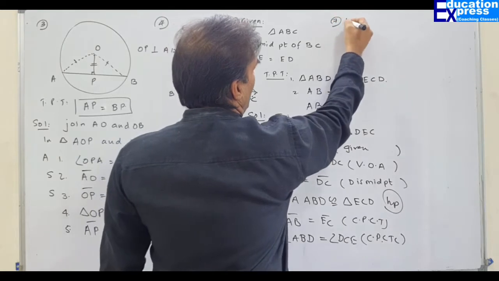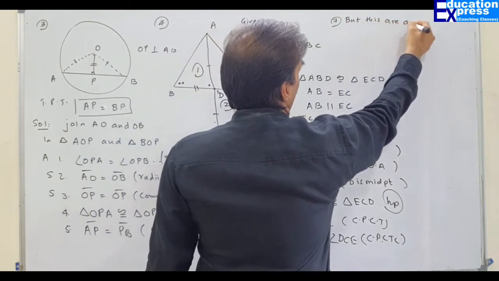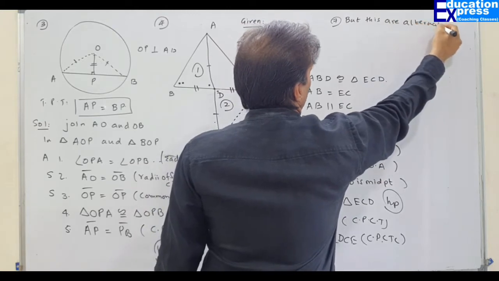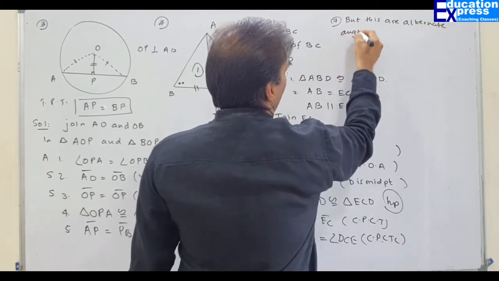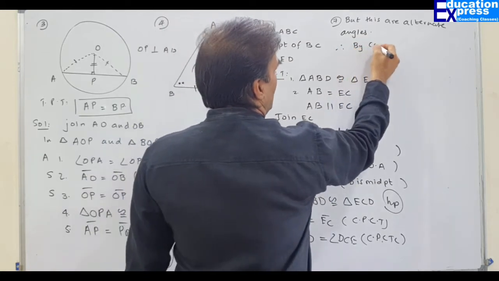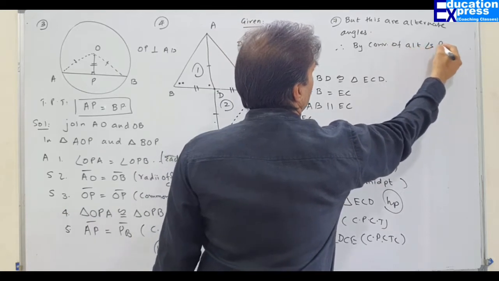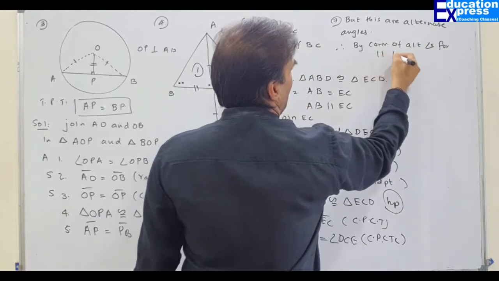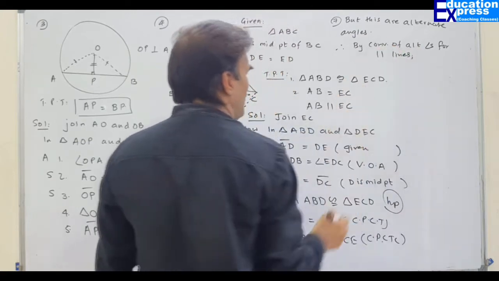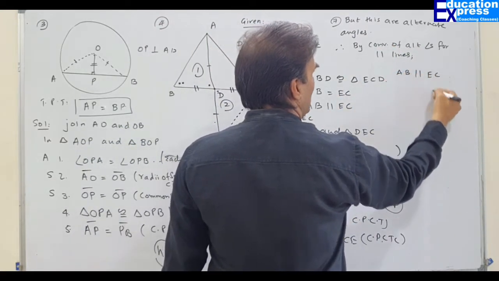Continue from here, point number 7. These are alternate angles. Therefore, by the converse of alternate angles for parallel lines, AB would be parallel to EC.